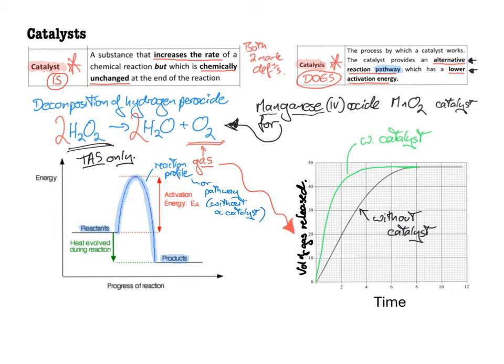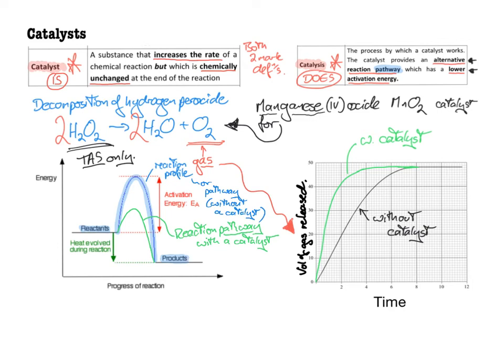Nothing's chemically changed, but my reaction pathway or profile, but I'll use pathway here because it mirrors the definition, with a catalyst. You can see that it is different, it is alternative.